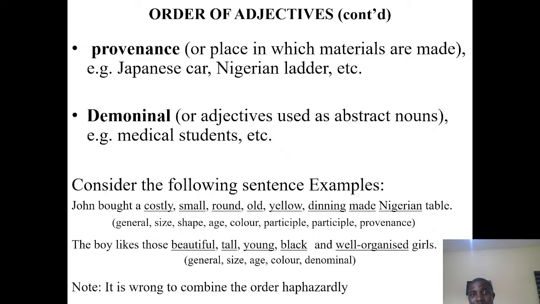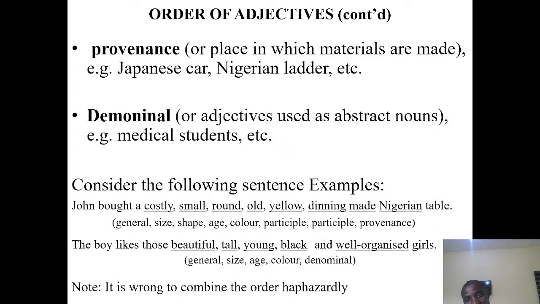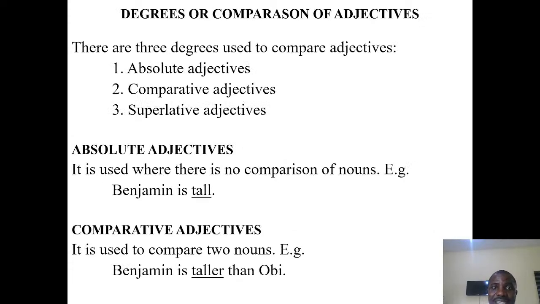That is why tall comes before young, and the next one is color, black, color comes after age, and denominal. That is just the order. You have to go and know the order, learn the order, and use it correctly. And this other one is degree or comparison of adjectives.